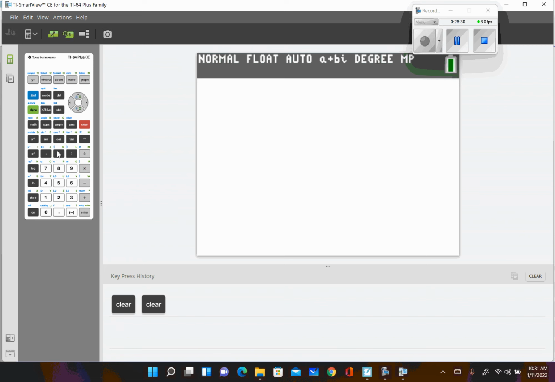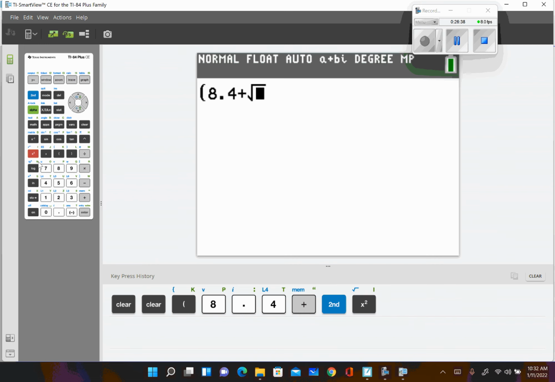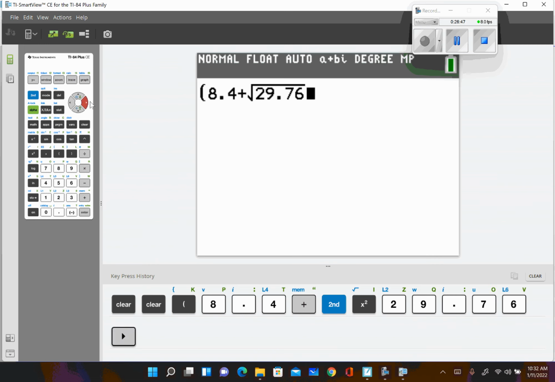So I'm going to start with parentheses, 8.4 plus the square root of 29.76. And use the right arrow and then close the parentheses. The parentheses are to tell the calculator that all of this is over 4.